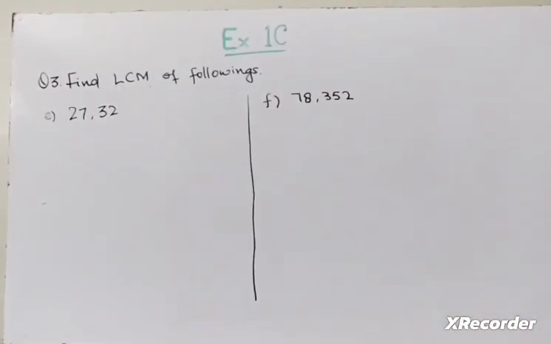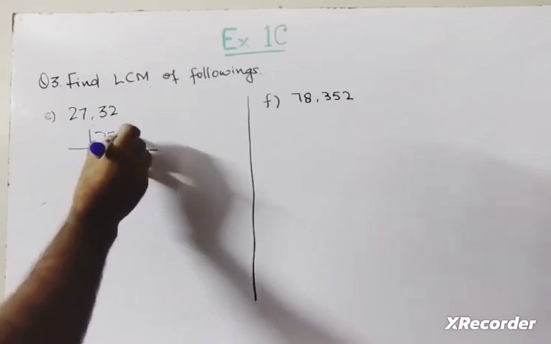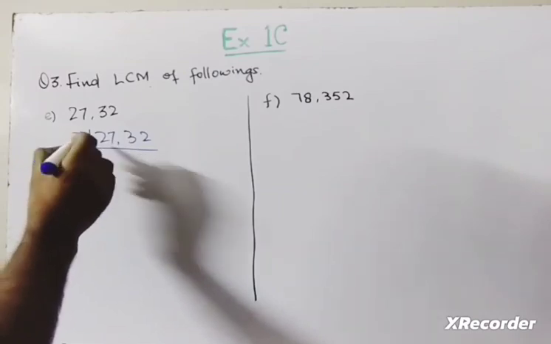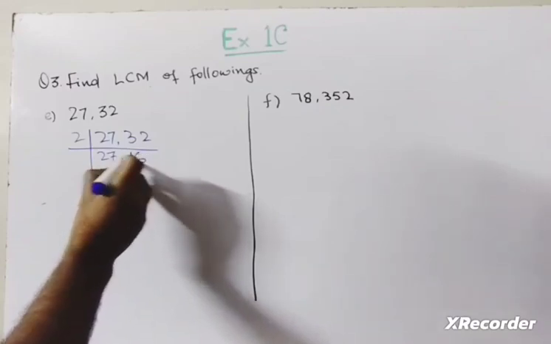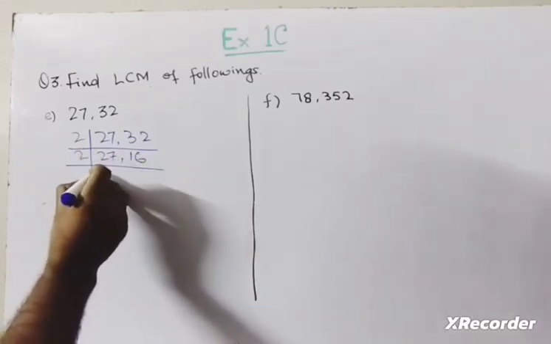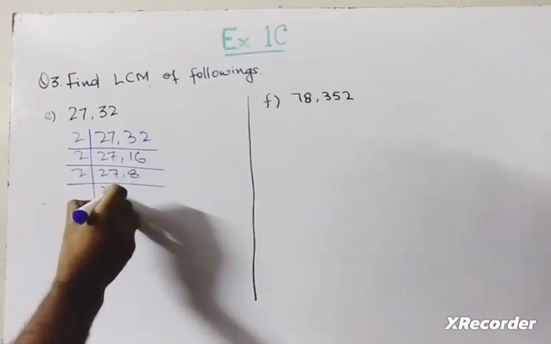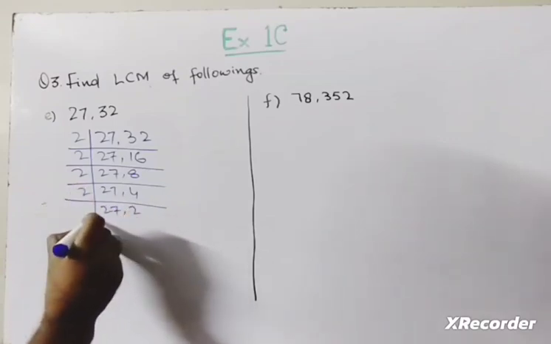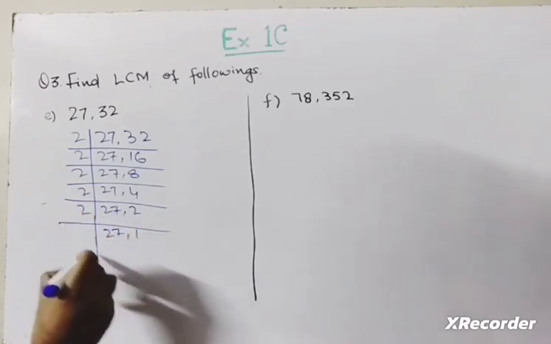Now part E, 27 and 32. 27, 32. Now we can divide with 2. 27 remains the same and 32 becomes 16. Again with 2, 27 remains the same, it becomes 8. Then 2, 27, 4. Now 2, 27, 2. Then 2, 27, 1.